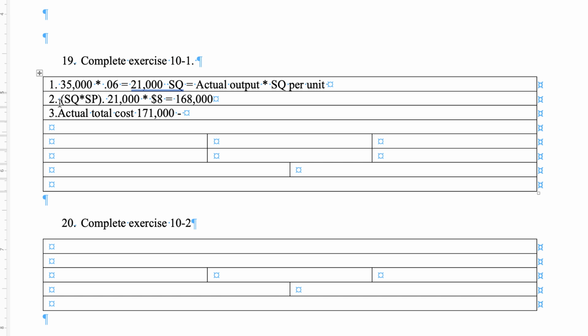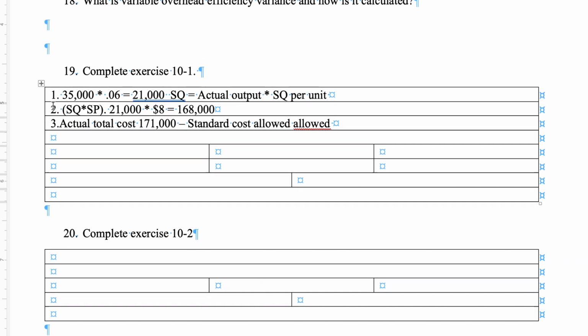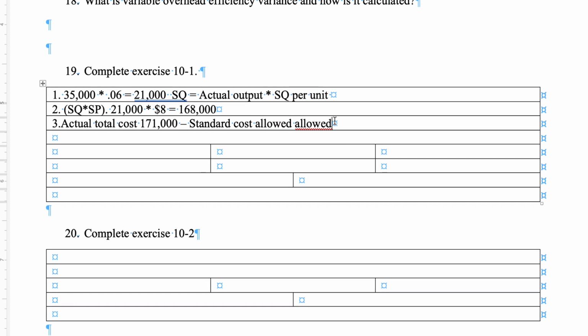We're going to subtract the standard cost allowed, which we just figured out in number 2 as being $168,000. And again, it really helps if you can spell and pay attention to what you're writing.